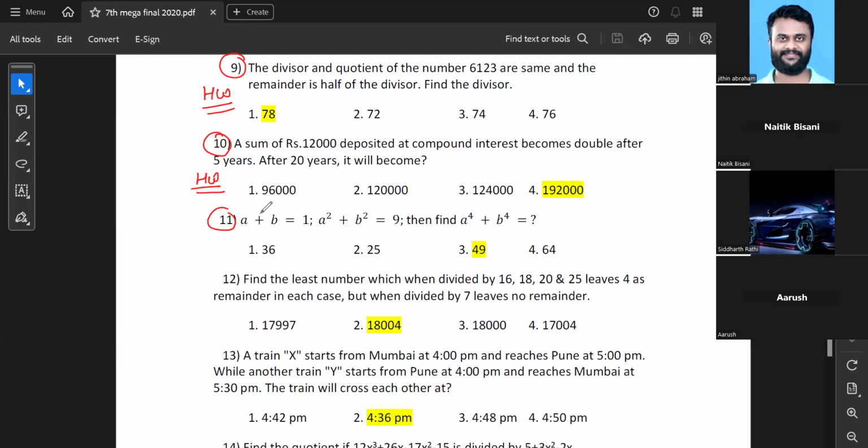Sir, a plus b the whole square equals a square plus b square plus 2ab. Do you need to square this? I don't think so.